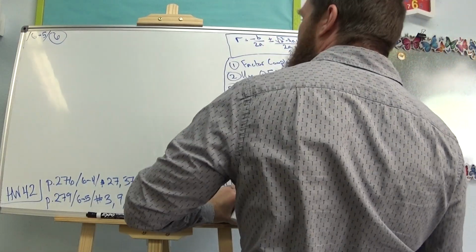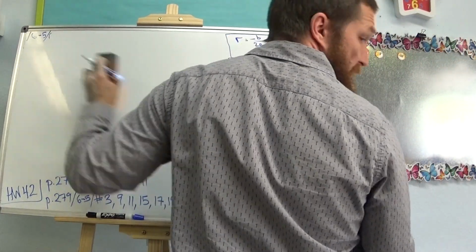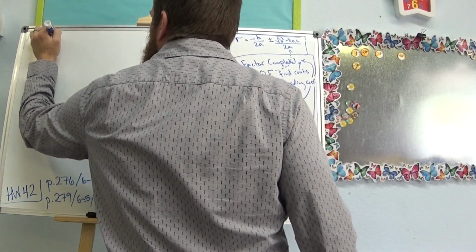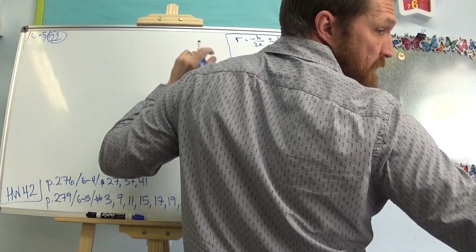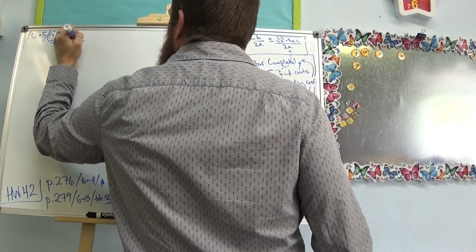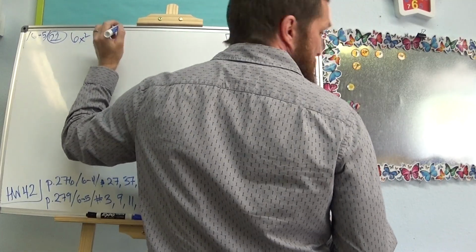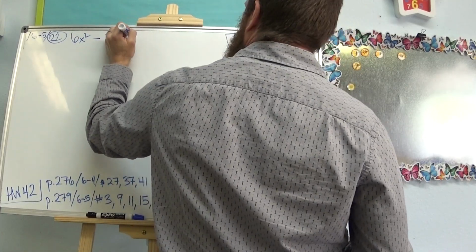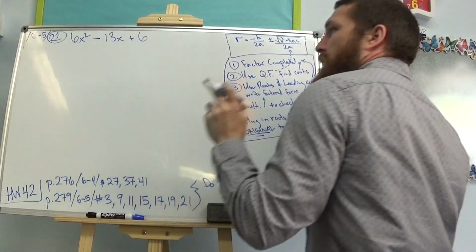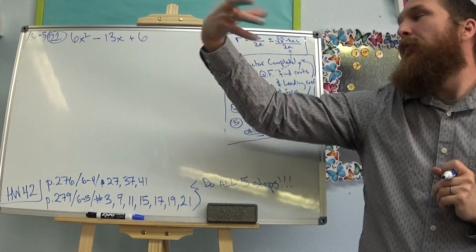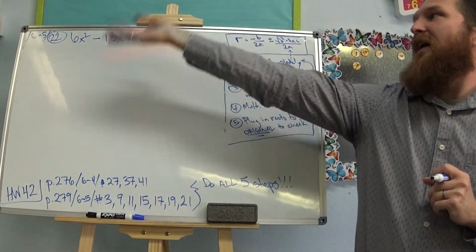No, for time, I want to do one with another negative in it. Let's do this, 22. 22 is 6x squared minus 13x plus 6. It would be really nice if that were a 12, because my first step would be, hey, 6, 12, 6, let's pull out a 6.